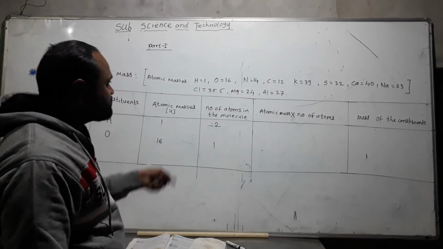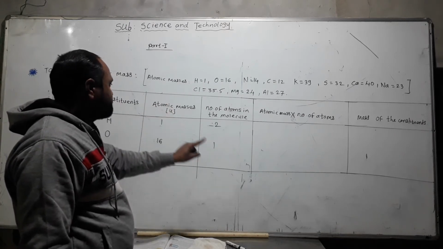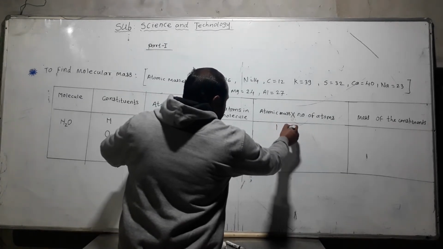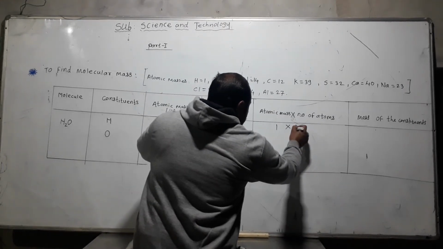Then atomic mass multiplied by number of atoms. For hydrogen, atomic mass 1 multiplied by 2 atoms, 1 into 2.